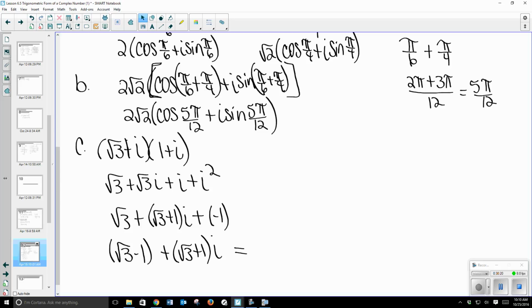And compare them. So root 3 minus 1 is 0.732 approximately.